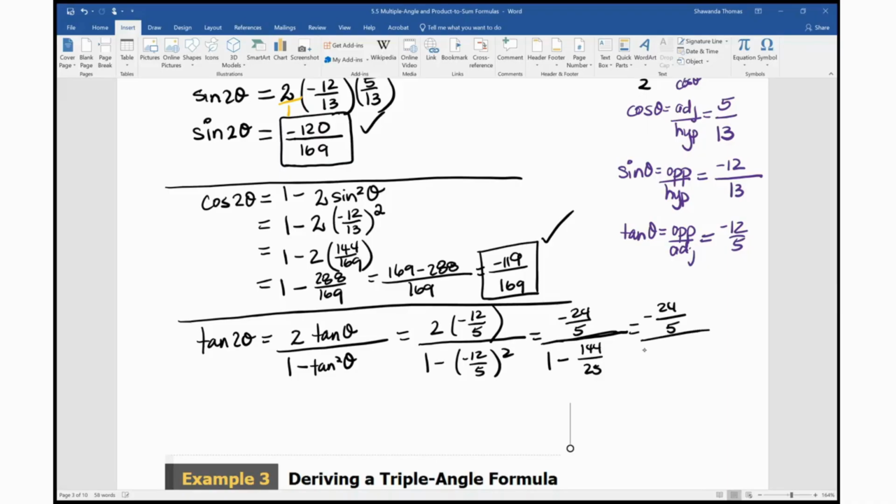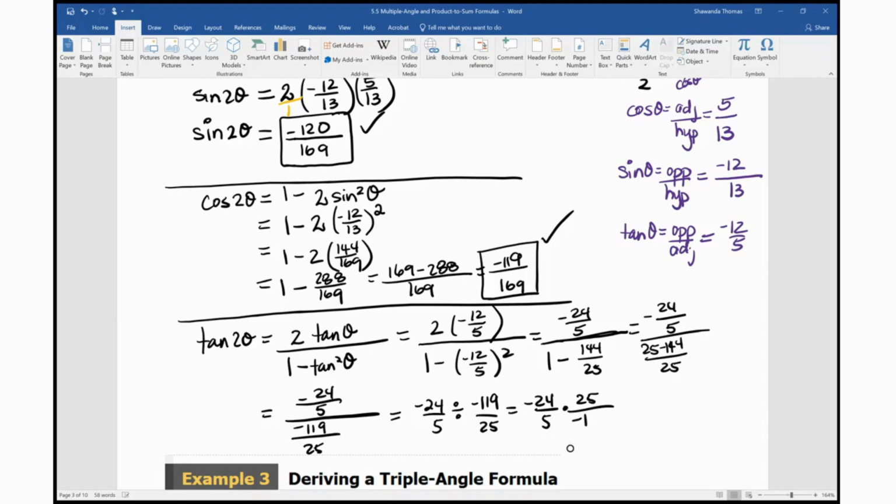And then the bottom, that would be 25 minus 144 over 25. So what is 25 minus 144? 119 negative, right, over 25. That would be negative 24 over 5 divided by negative 119 over 25, which equals negative 24 over 5 times 25 over negative 119.